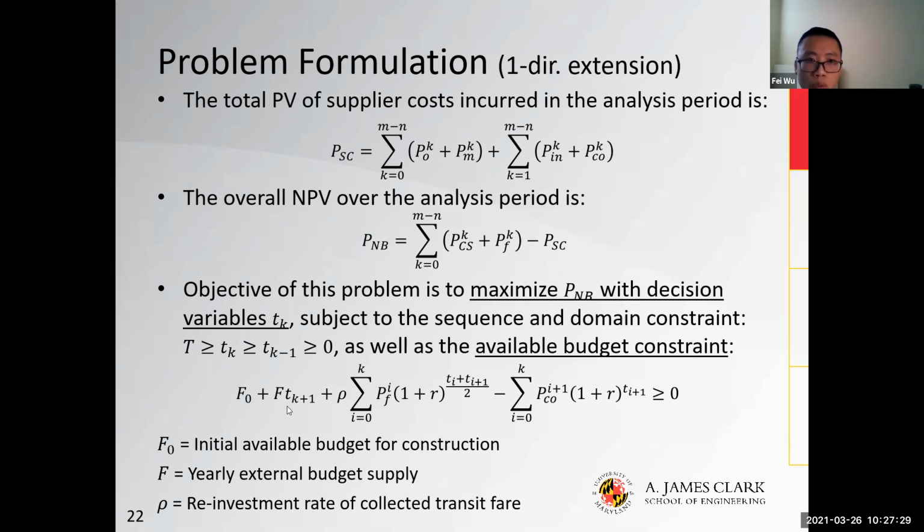The available budget includes the internal supply of the budget, which is the collective part of collective fares, and also the external supply, which is assumed to be linearly increasing each year.